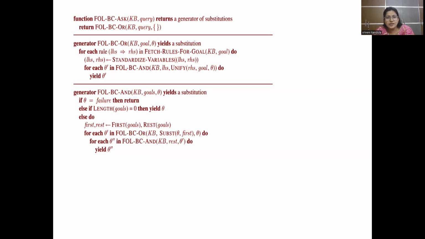While standardizing, if any unification is required, if this RHS is reaching you to the goal, then substitute, unify with the help of theta, and that we will be calling theta dash. The first substitution, whatever you are doing, if it is taking you to the goal, that we are calling theta dash.